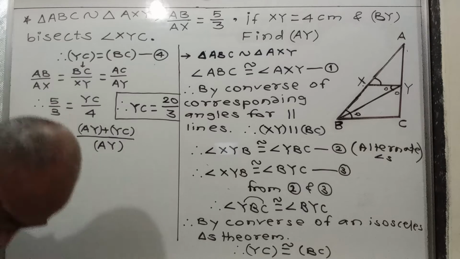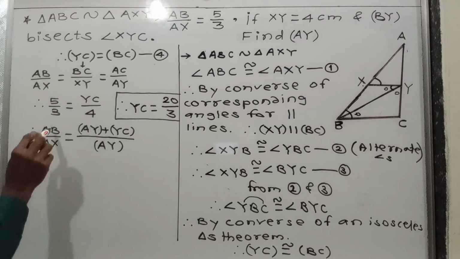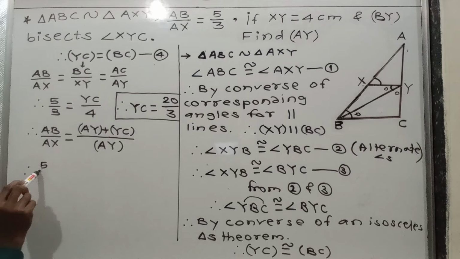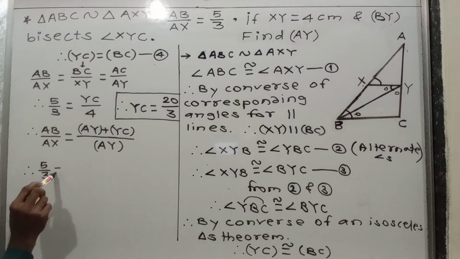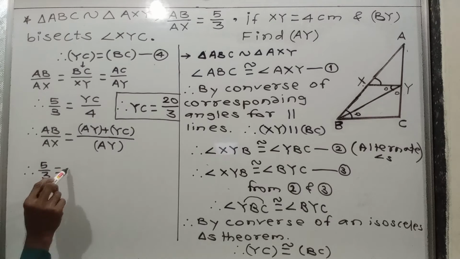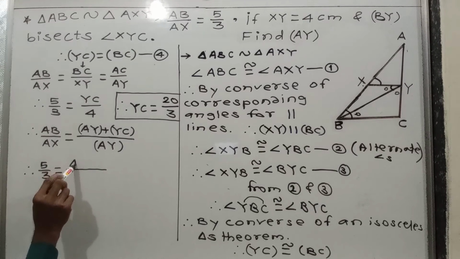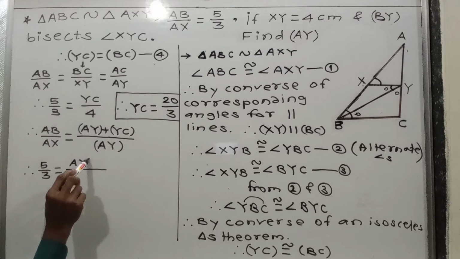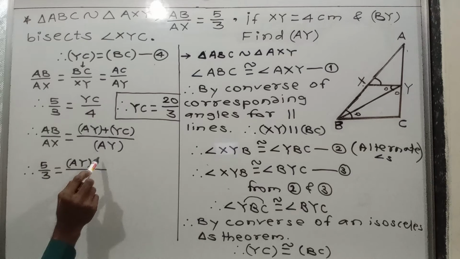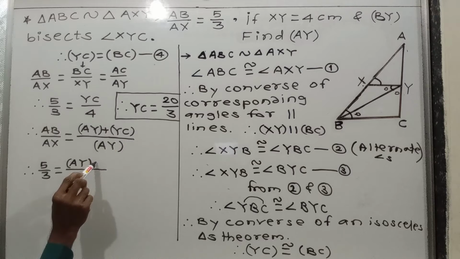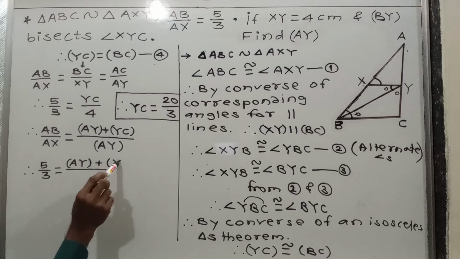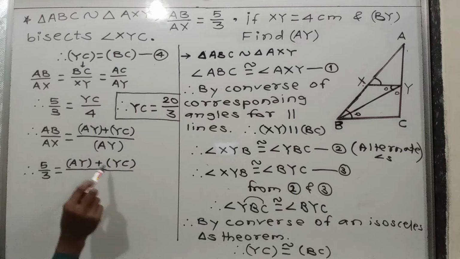We know the value of AB upon AX, so 5 upon 3 is equal to AY plus YC upon AY. We want to find AY, so we keep it as it is.